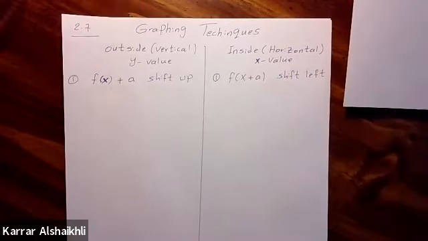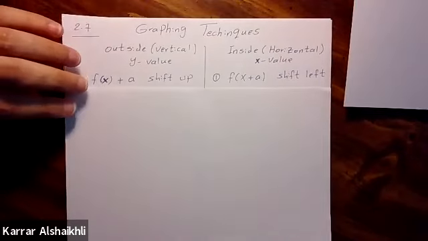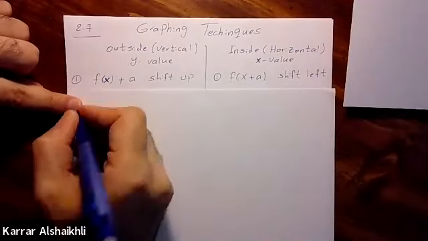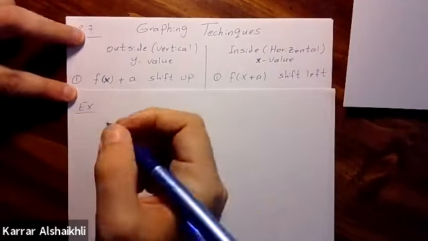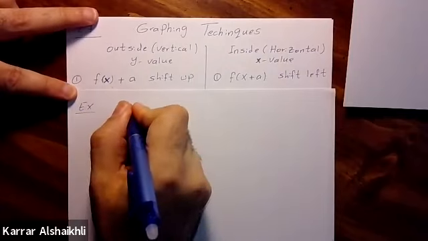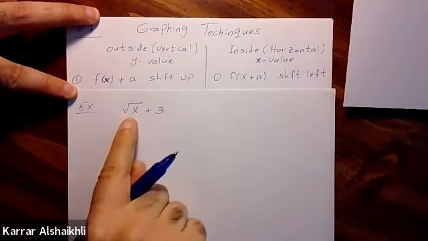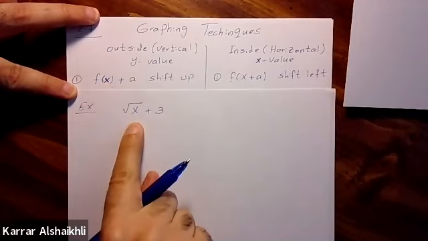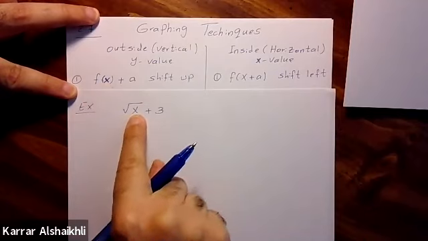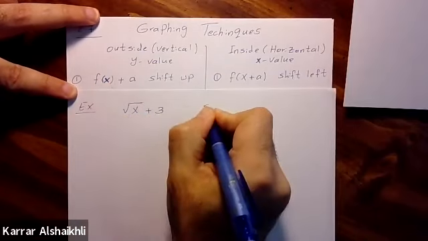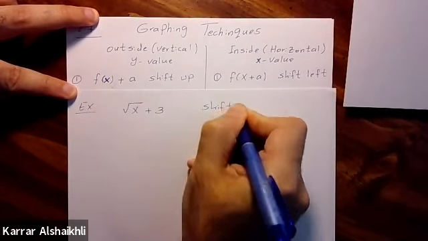Let's do an example about these two techniques, whether it's going to be shift right or shift left. So I need you to write down with me because I'm going to write down the examples here. For example, one of these parent functions, let's say if you have square root of x plus 3. You see, this is the parent function, the basic function, which is the square root of x, plus a number. That means you're just going to write down shift up.